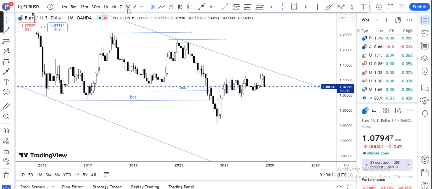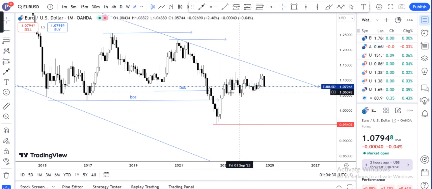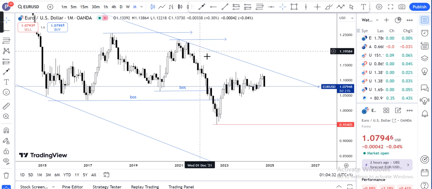Now, this is on the higher time frame, so having understood this, we would mark this area, which is the lowest point we expect the market to get to. This is the highest point the market has gotten to.